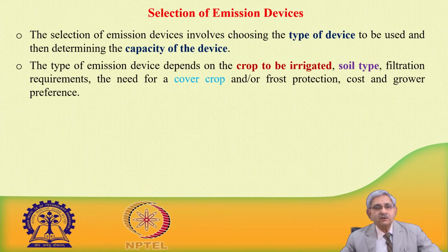Selection of these devices I discussed, bubbler, micro sprinkler, drippers, will depend upon the particular type of crops, soil condition as well as the filtration requirement. Suppose we need a cover crop or frost protection, which is a common problem in areas where frost occurs, then in that case micro sprinklers are preferred.